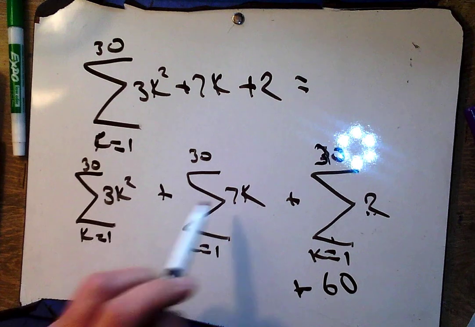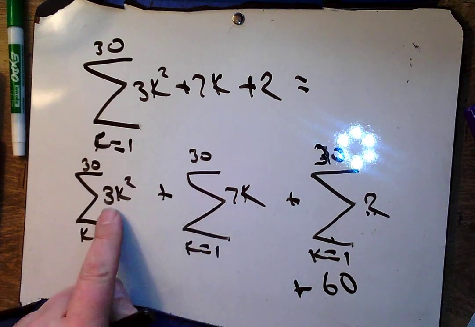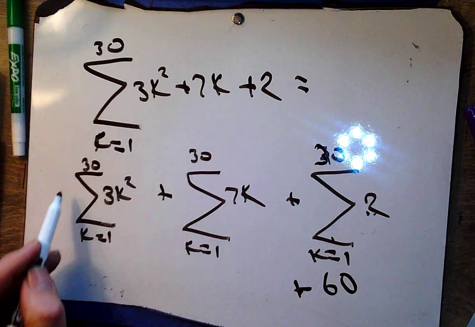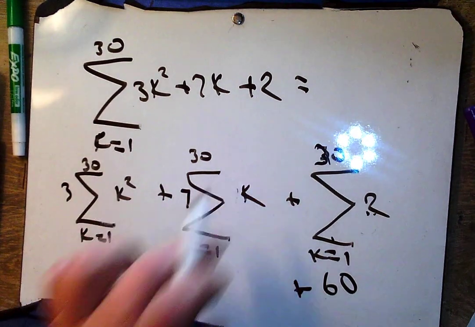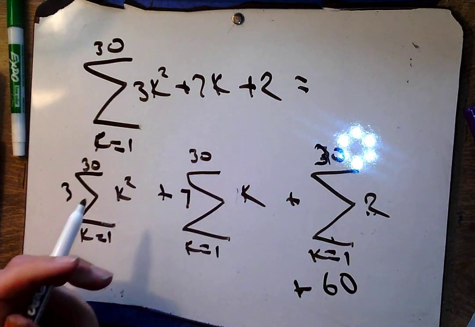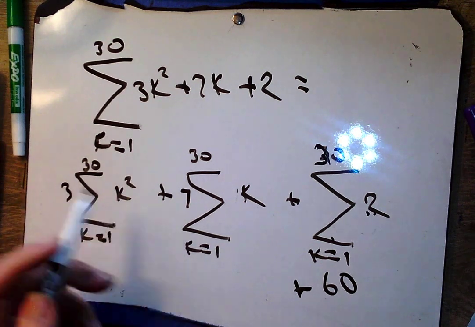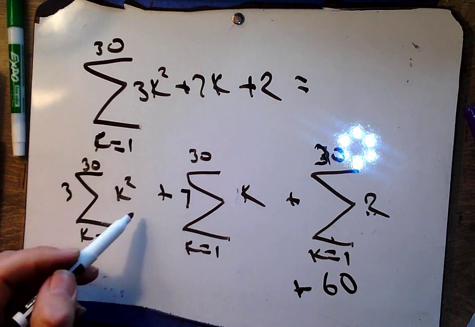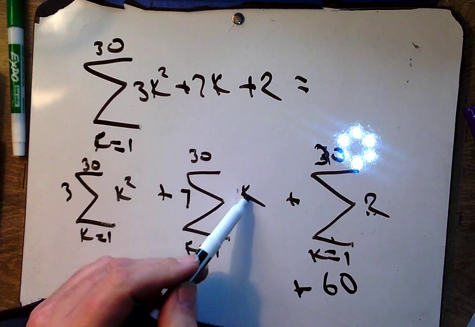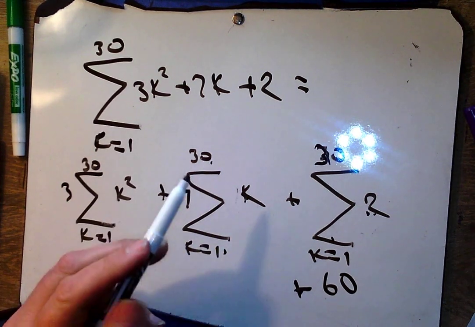And here, I mentioned before, these constants, we can just factor them out. If we had more time, we'd go through a discovery process where we understand why we can do that. So now look what I've got here. I've got the sum of k from 1 to 30.